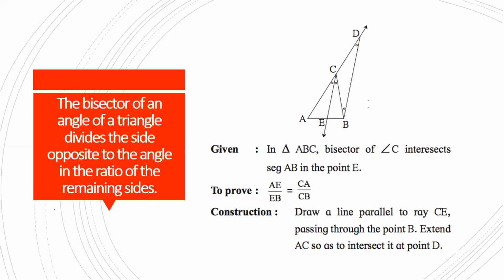The given states that in triangle ABC, the bisector of angle C intersects segment AB at point E. But there is something even more important, the construction. We are drawing a line which is parallel to CE, and that line is DB. We are then extending AC to point D and meeting them where they intersect.